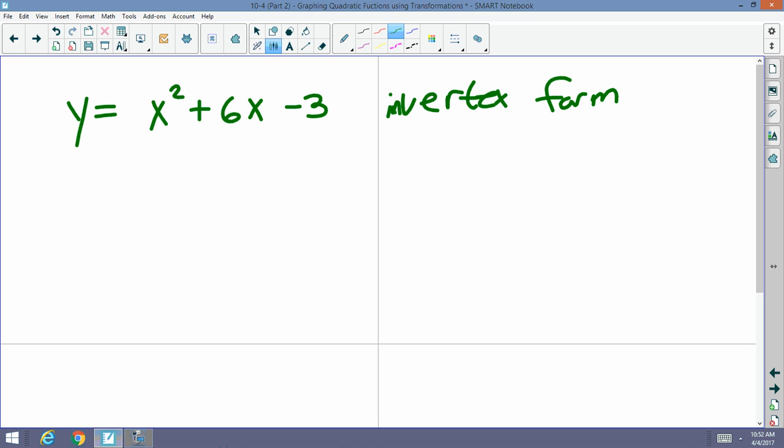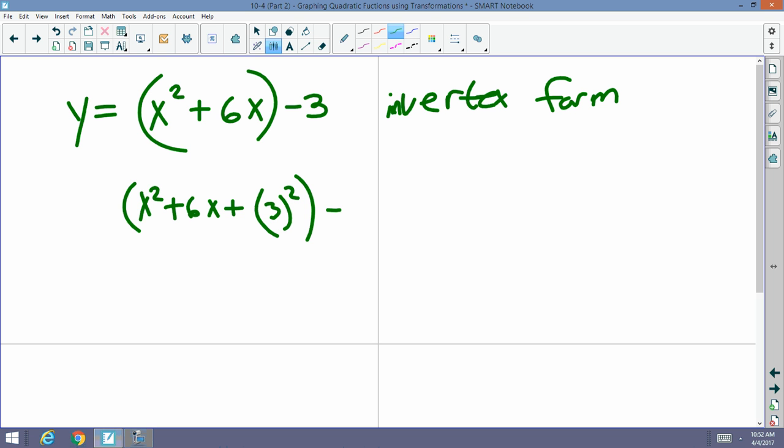So step 1, my brothers, isolate those two guys. Step 2, complete the square. So x squared plus 6x plus b over 2 squared. B over 2 here is 3 squared. So you have the minus 3 minus the b over 2 squared. Let me stop right there. Do you see what's happening here, guys? This negative 3 drops. This right here is minus b over 2 squared.